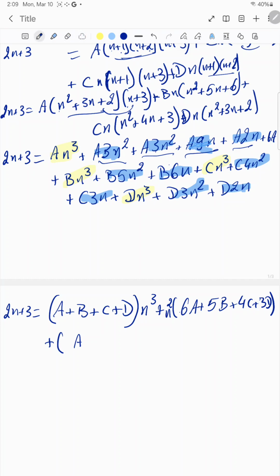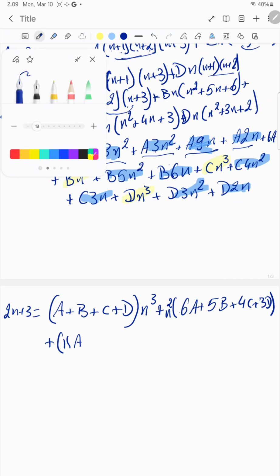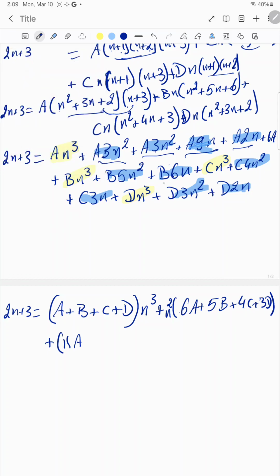So I'll put here 11. And then here I have this 6b plus 6b plus 3c, and I have this plus 2d, with n, and I have only the 6a here, plus 6a.